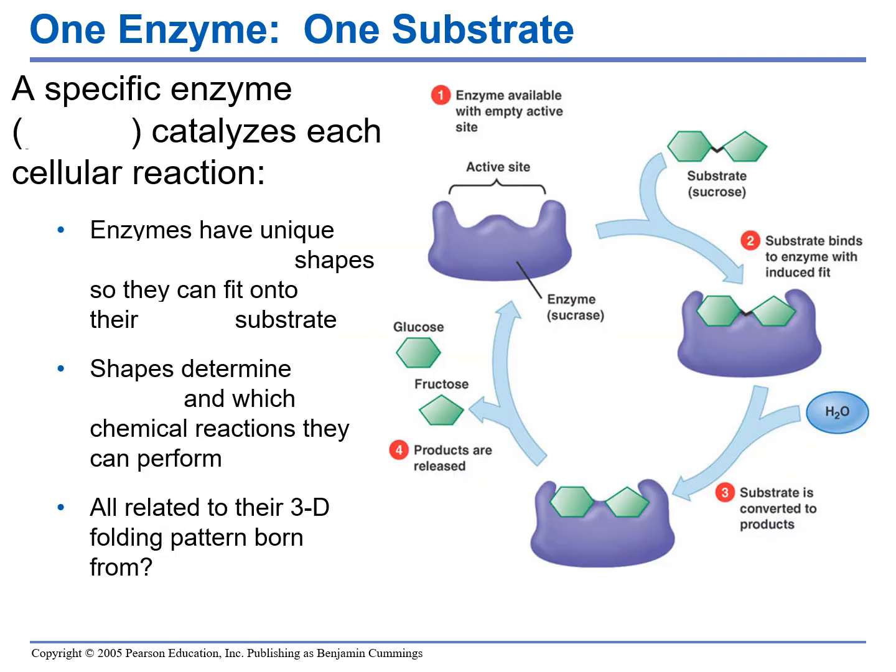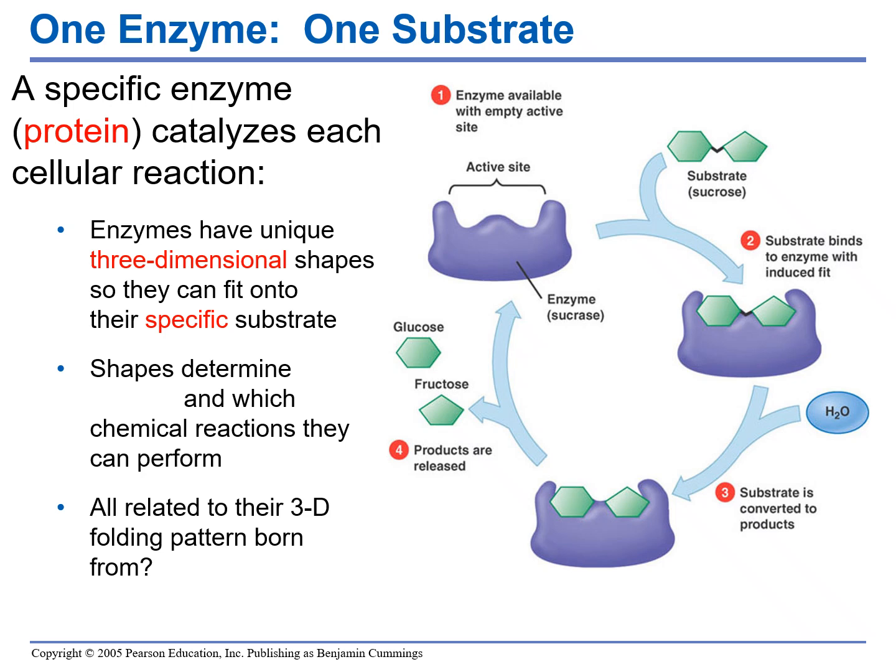So each enzyme has a specific substrate. A specific enzyme, which is a protein, catalyzes each cellular reaction, and they have a unique three-dimensional shape, so that they can fit into their specific substrate.